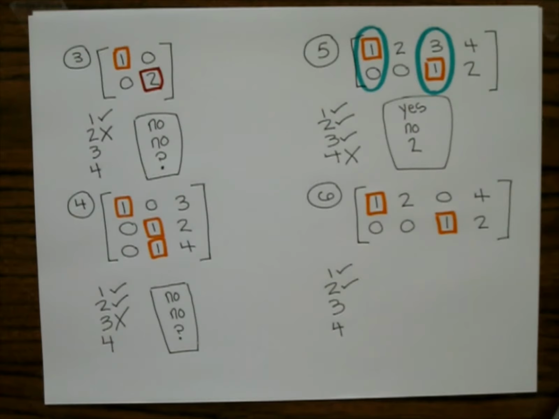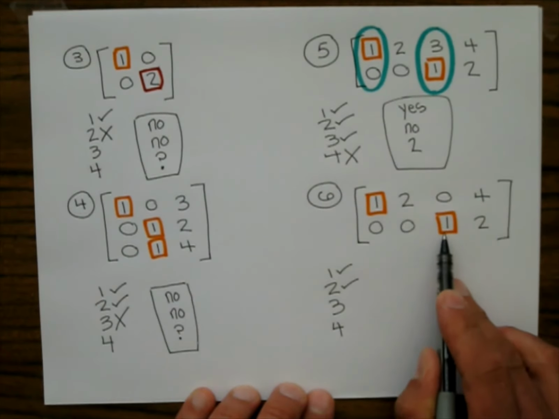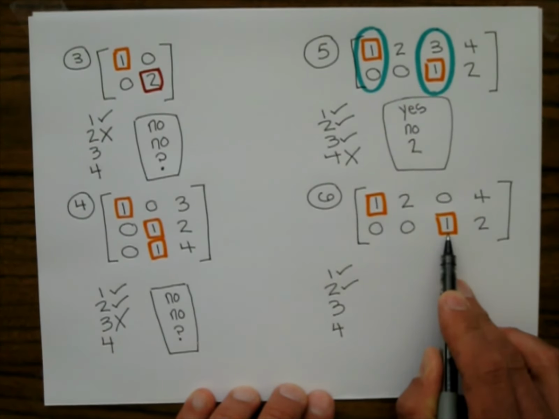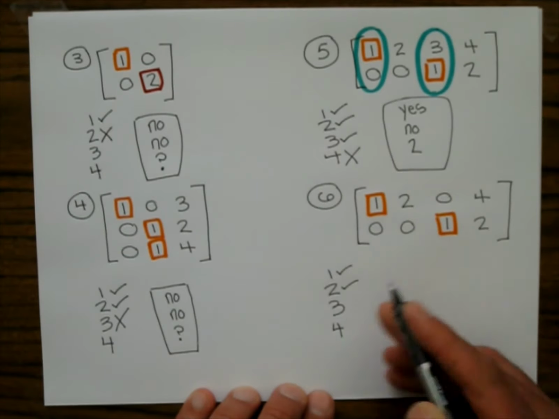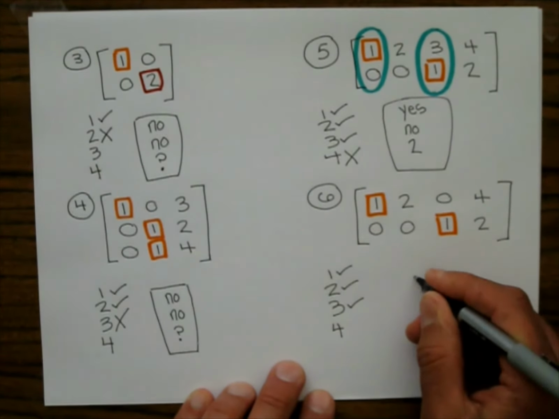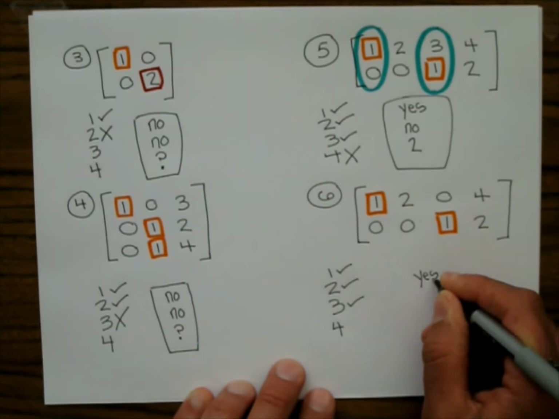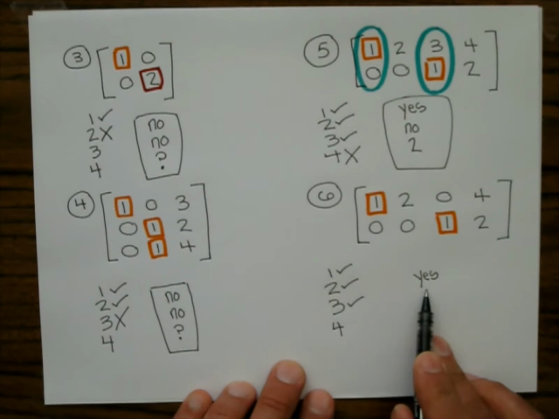Condition number 3 says the leading 1 of any row below the first row is to the right of the leading 1 of the row above it. Here's a leading 1 that's below the first row, and it's to the right of that leading 1. So this matrix is in row echelon form, so we have a yes for that question.